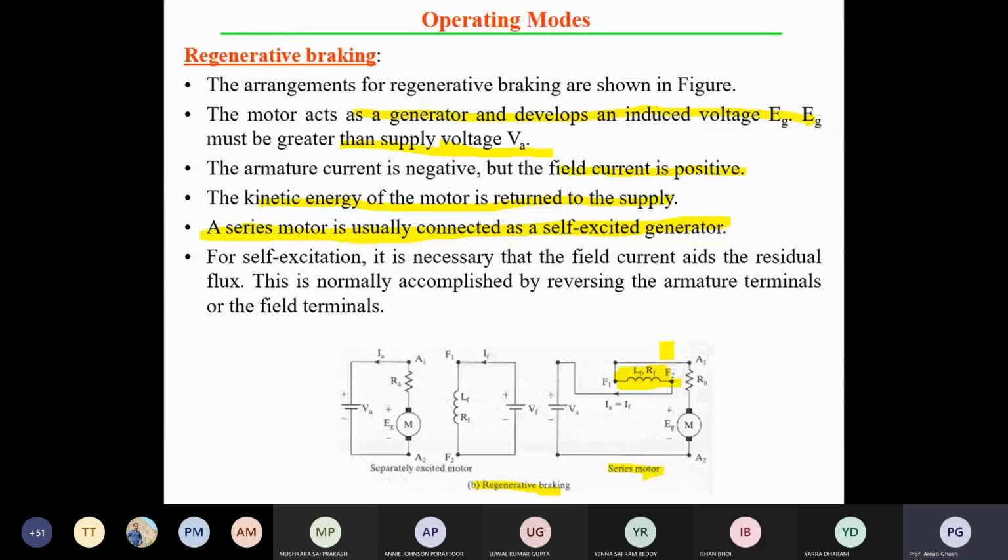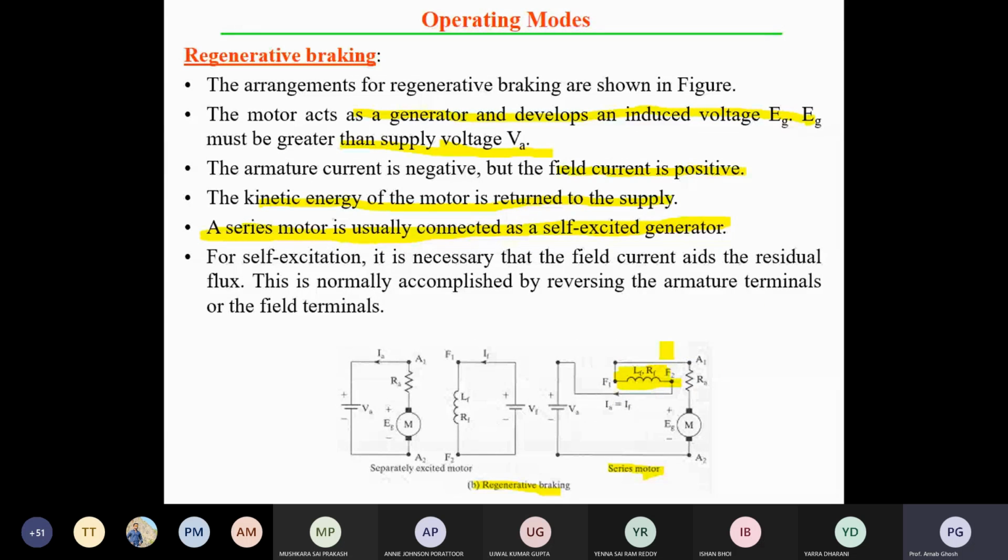The series motor field. That's why, before regenerative braking, both things should be synchronized: the going into regenerative braking and the changing of the switch, done simultaneously for the field.